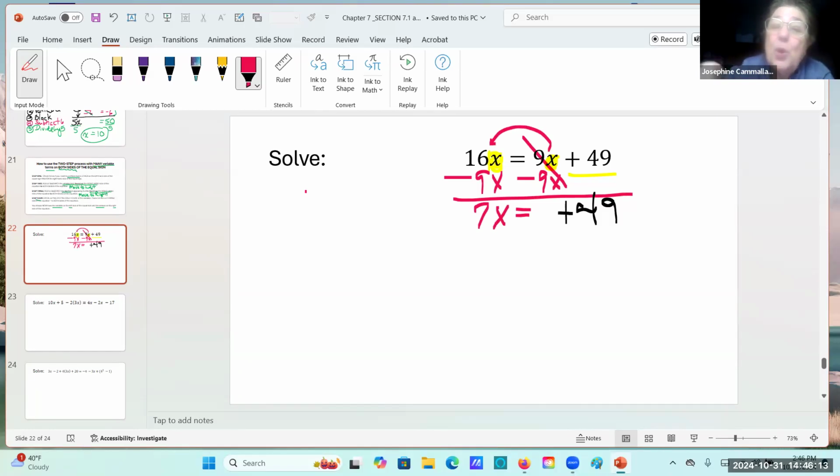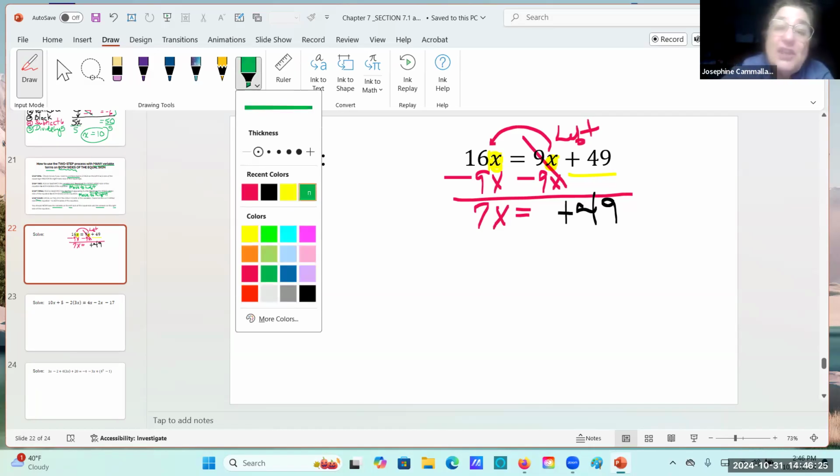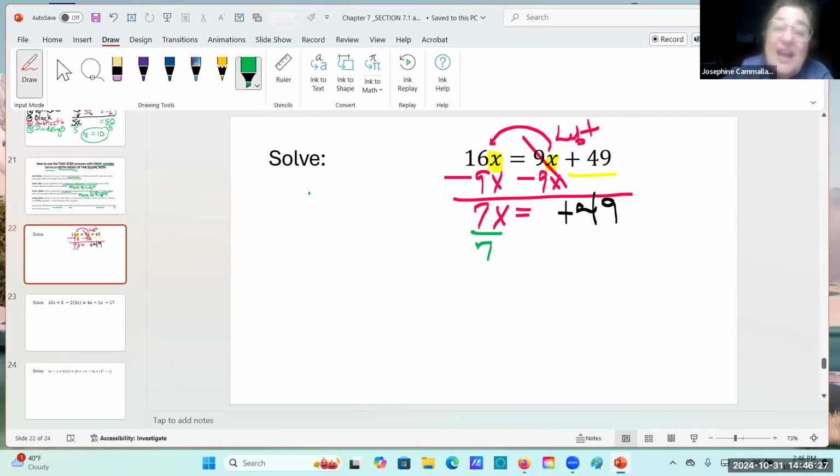This variable went to the left. Now, don't move the 49. It's all by itself. It's a single number. Now, how do I finish? Divide by 7. X is equal to 7.